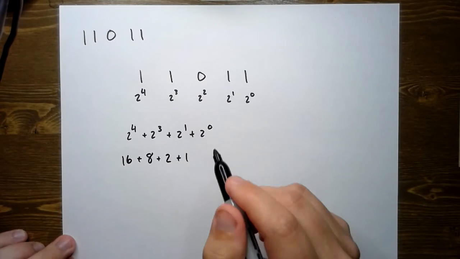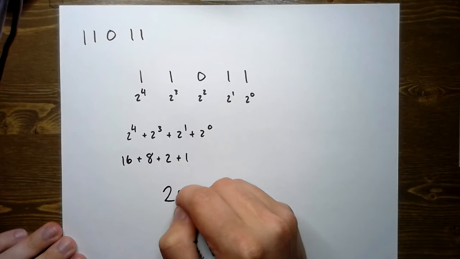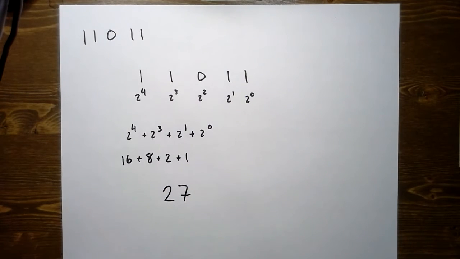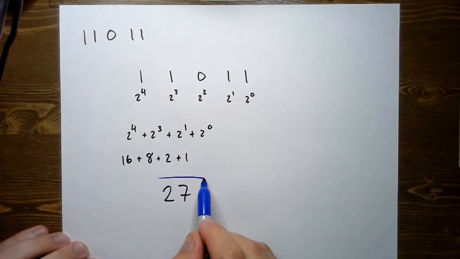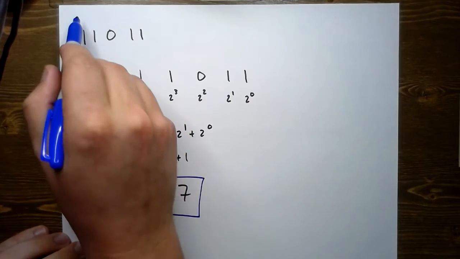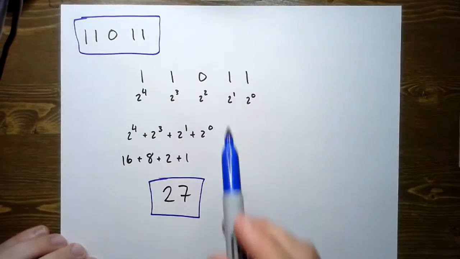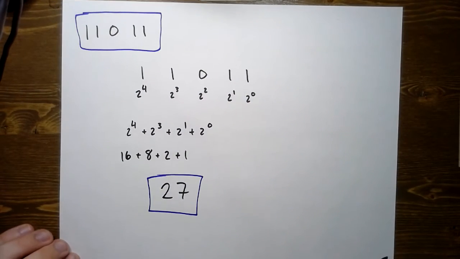And if we add that together, we get 27. So 11011 is equal to 27. All right, so 11011 in binary is 27 in decimal.